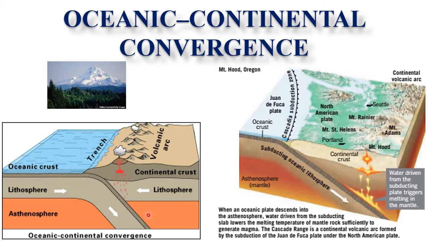But how does the subduction of a cool slab of oceanic lithosphere cause mantle rock to melt? The answer lies in the fact that water contained in the descending plate acts the way salt does on melting ice. That is, wet rock in a high pressure environment melts at a substantially lower temperature than dry rock does in the same condition.